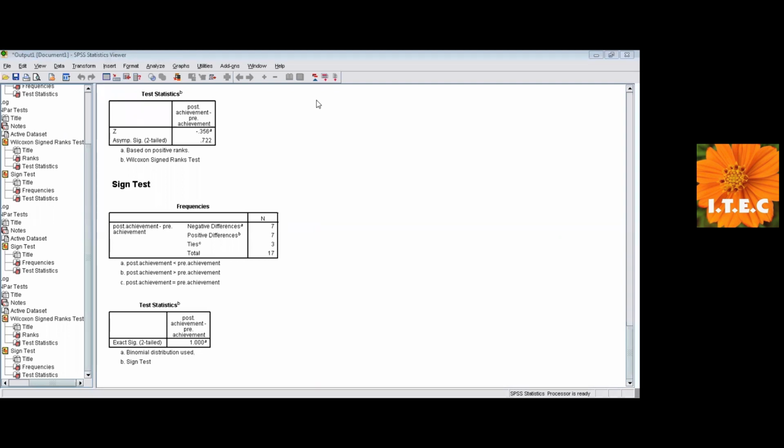So now you can decide, when you have the data, whether you want to use Wilcoxon or the sign test.